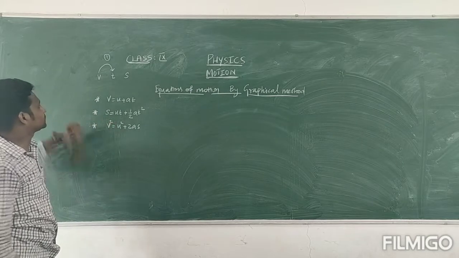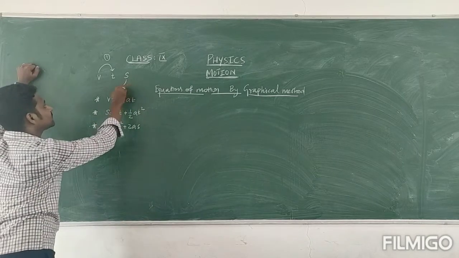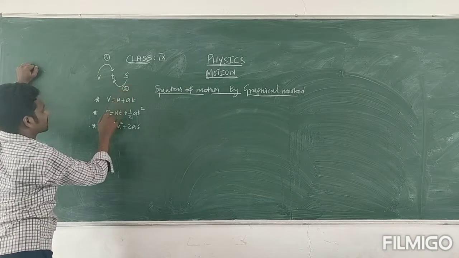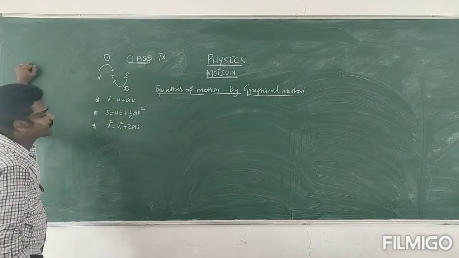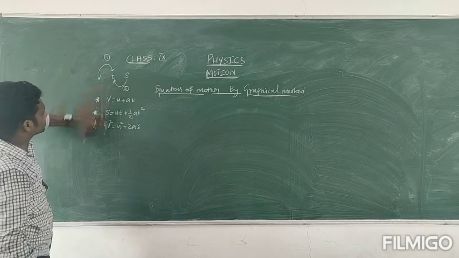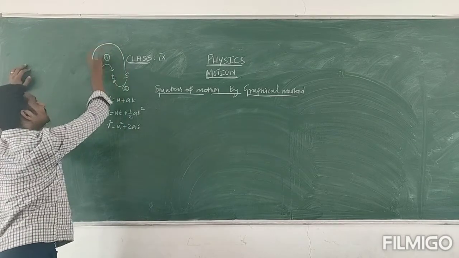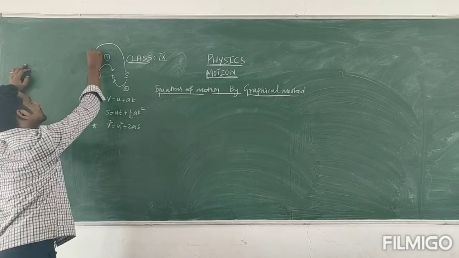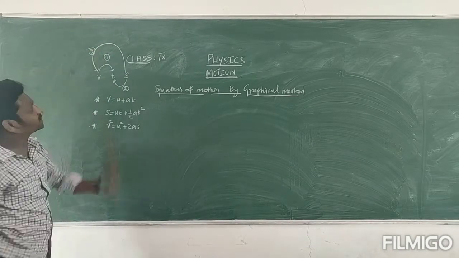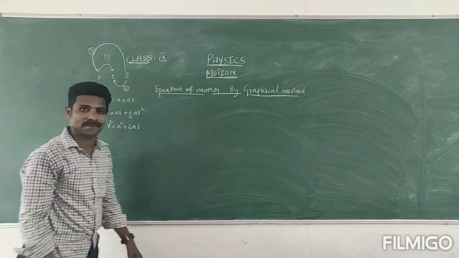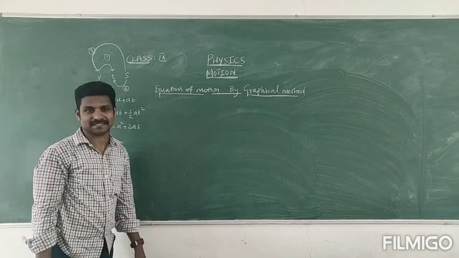The second equation gives the relationship between position and time. The third equation gives the relationship between position and velocity. That is the speciality of the third equation. So now let's derive them one by one by using the graphical method.